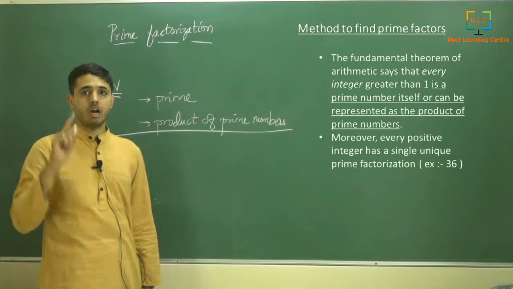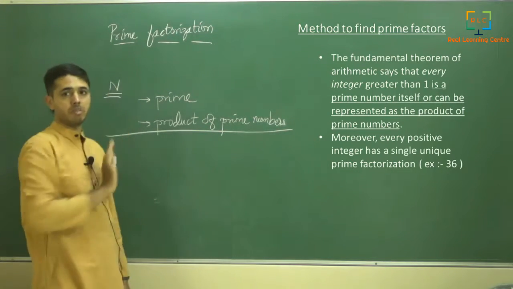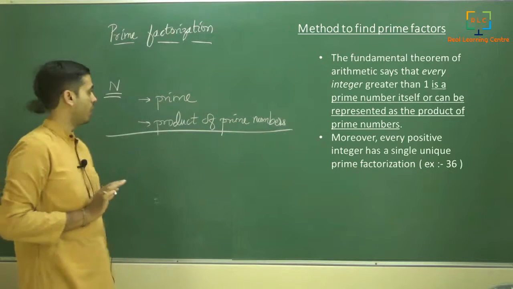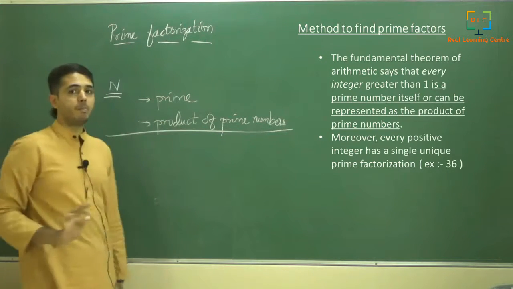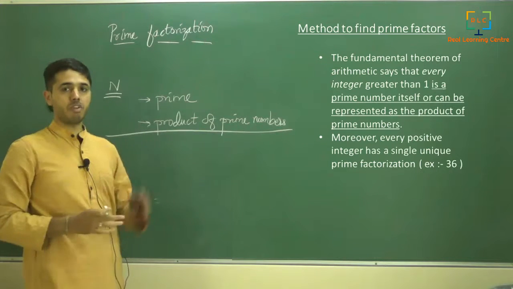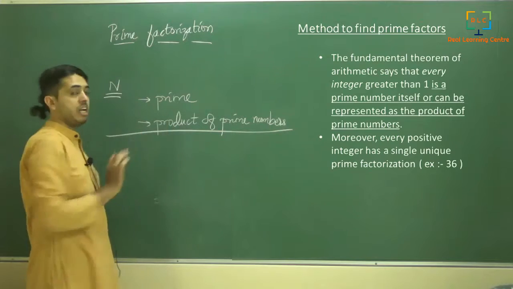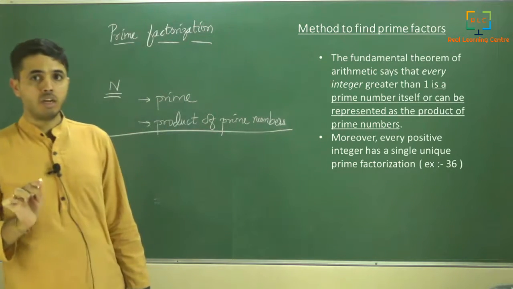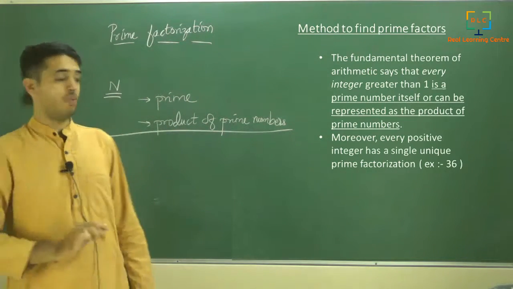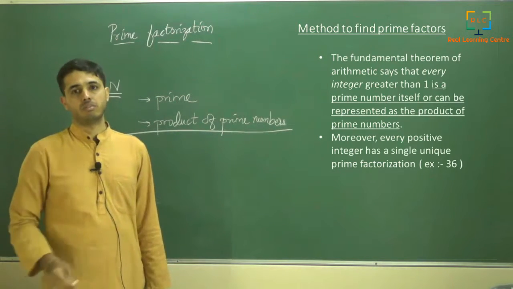Another very important fact is that you take a positive number and you find its prime factorization. What prime factorization is, we have seen in our previous slide. Once you find the prime factorization, we can be rest assured that it is unique.